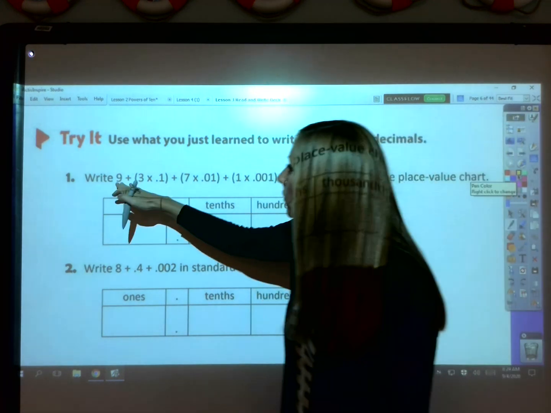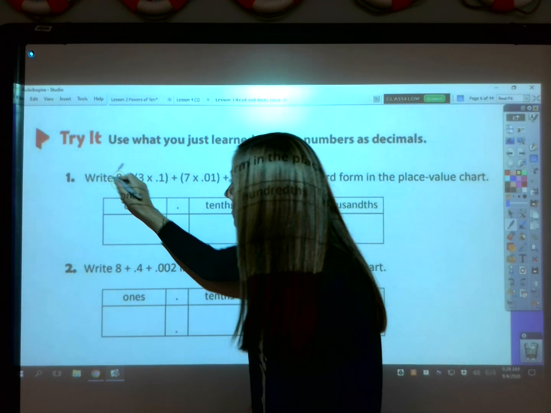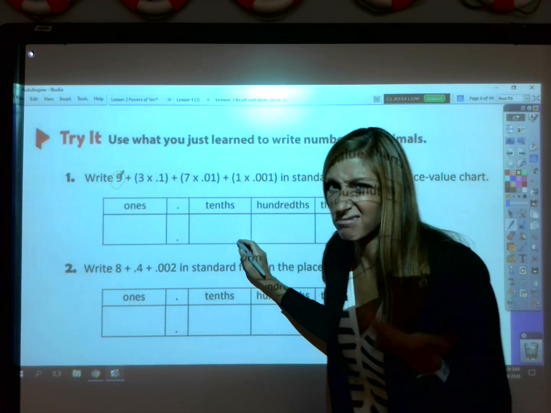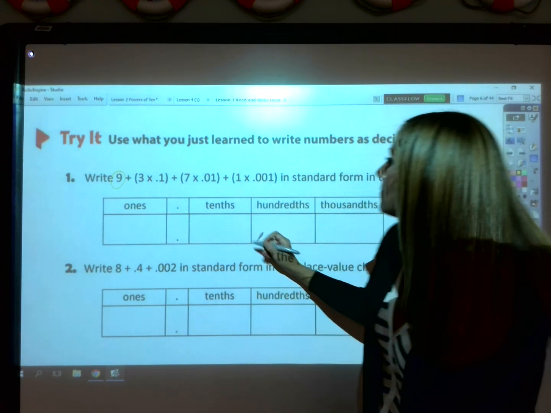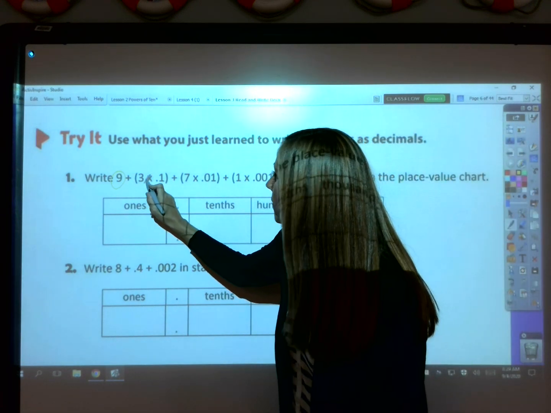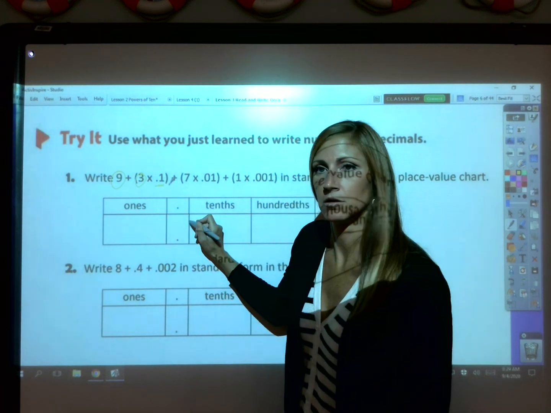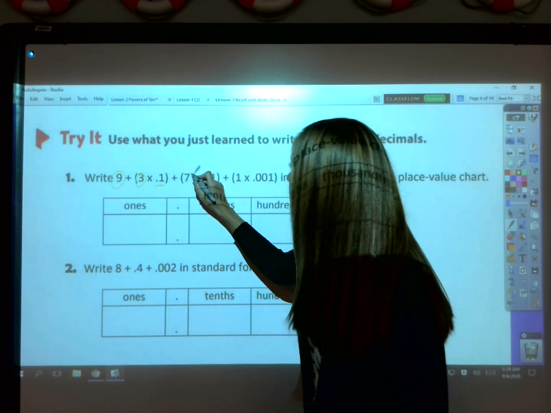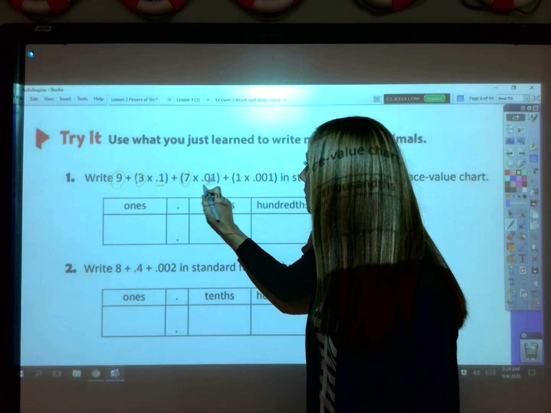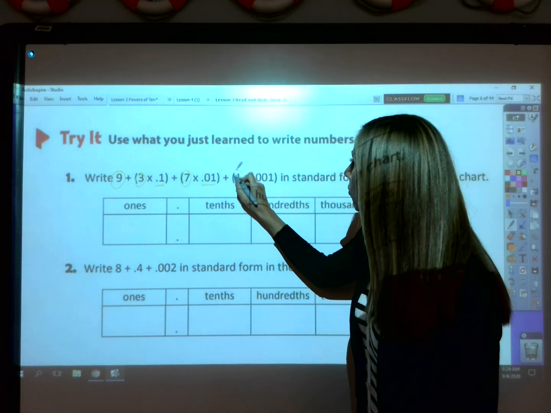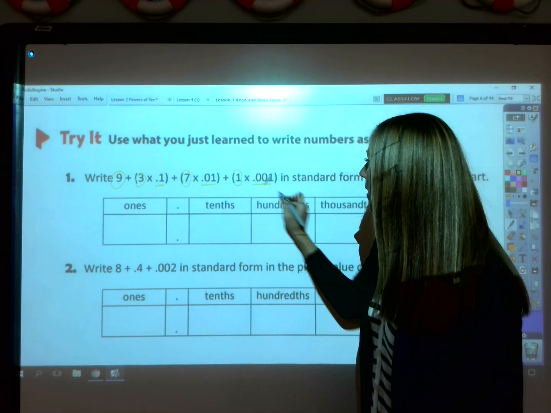So let's kind of look and see what we have here. We have a 9, so that's a digit because there's no place value called 9, right? And then it looks like in here we have a 3 going in the what place? The tenths. And then we have a 7 going in the hundreds. We have a 1 going in the thousands.